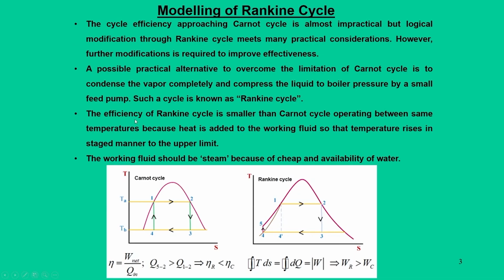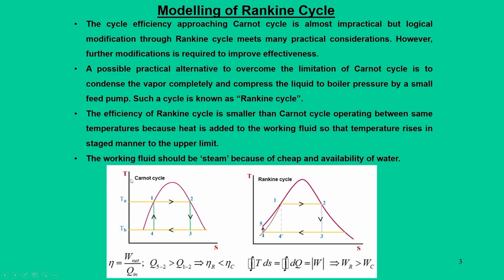But at the cost of these modifications, the net effect is that the efficiency of the Rankine cycle will be smaller than that of the Carnot cycle. Let us understand why it is smaller.